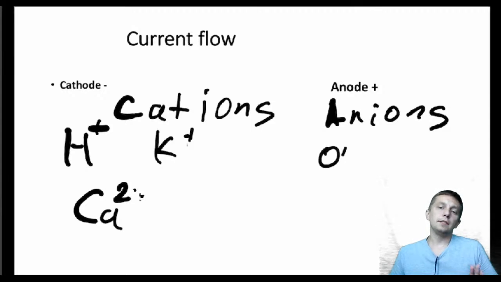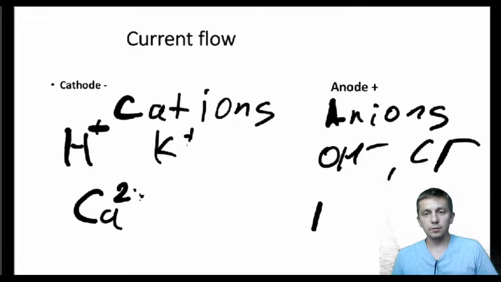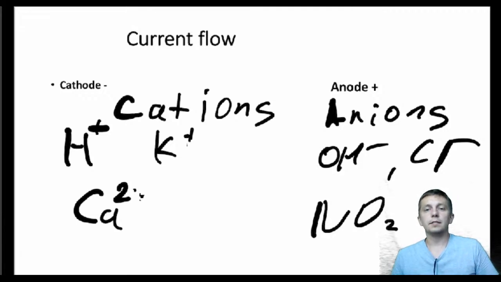If particles are charged positively, we name them cations. If particles are charged negatively, we name them anions.